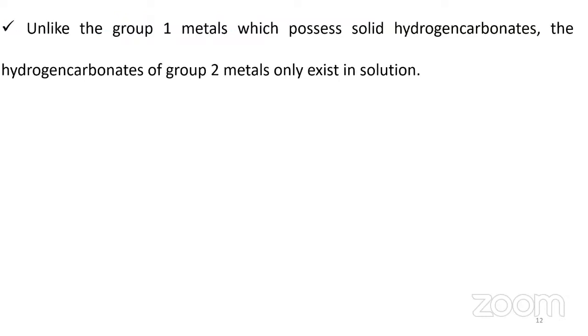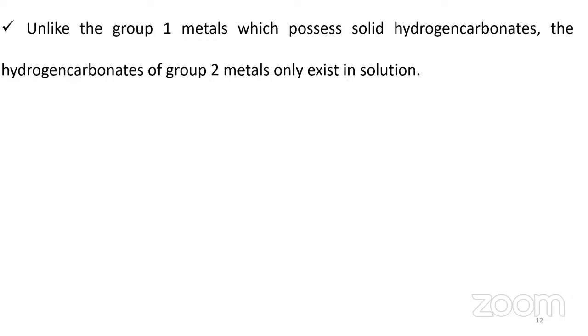Now, unlike your group 1 metals, which possess solid hydrogen carbonates, the group 2 hydrogen carbonates only exist in solution. And this is why, when I was teaching group 1 carbonates, you saw that your lithium hydrogen carbonate actually exists in solution. That is the only hydrogen carbonate among your group 1 elements that is not a solid.